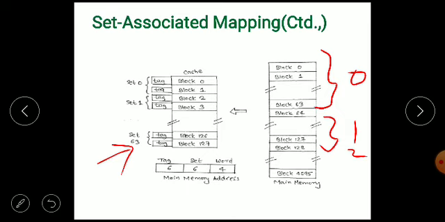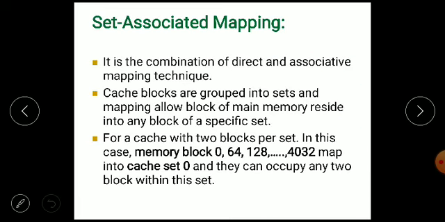I have explained it here. For each set there will be two blocks. The words in bold here, block 0, block 64, block 128, etc. up to block 4032, are the first blocks.